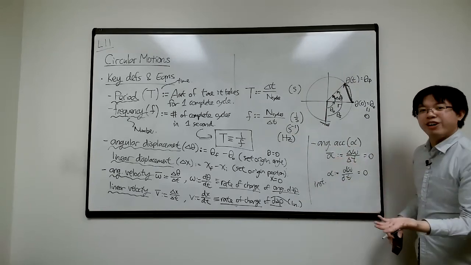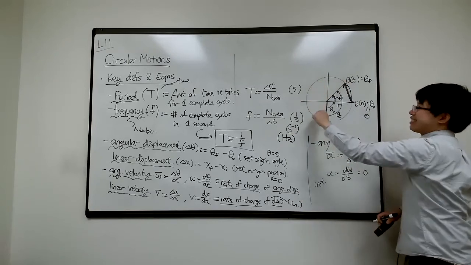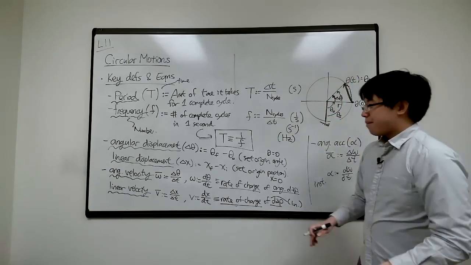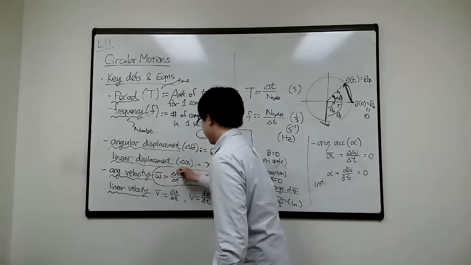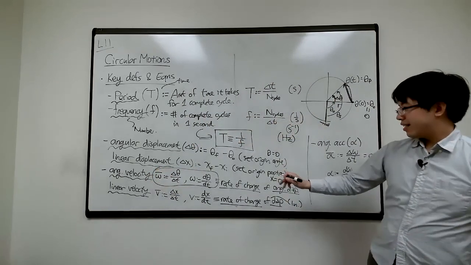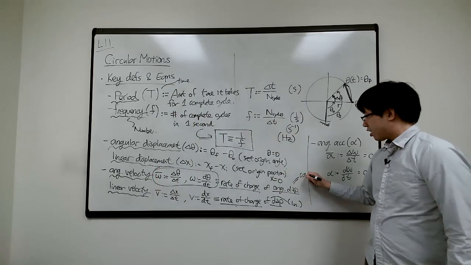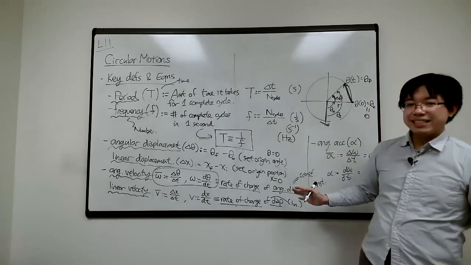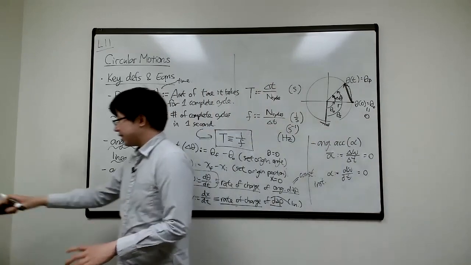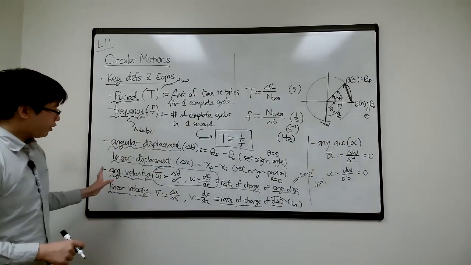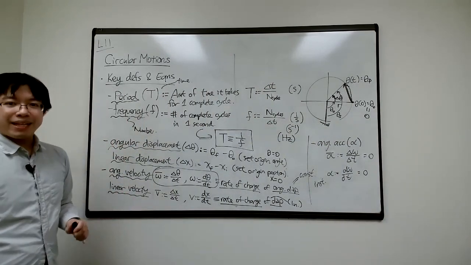We're going to focus on a case where angular velocity is constant. And this is what uniform circular motion is. Another way to say it is you can say uniform speed or uniform angular speed. It's the same thing.